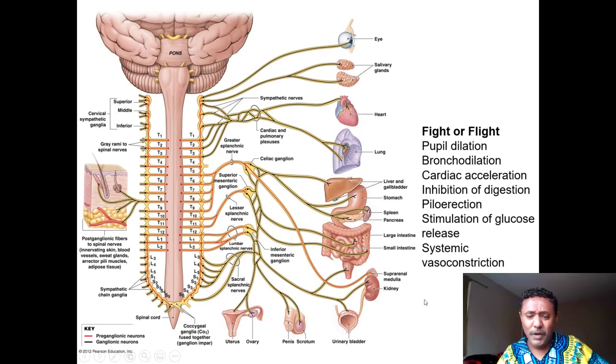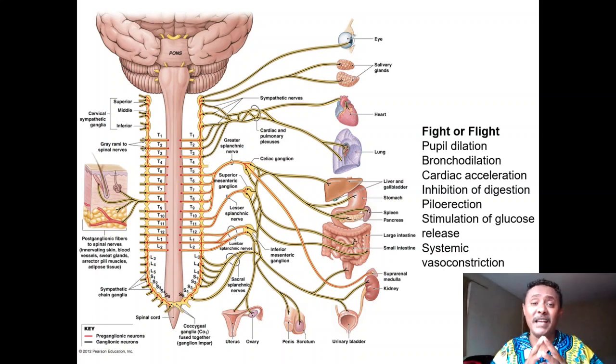Now, what will happen to my suprarenal medulla? My suprarenal medulla is going to receive this sympathetic input, and then it will release hormones in the circulation. It will release epinephrine and norepinephrine, or adrenaline and noradrenaline, in the circulation, and that will make a mass effect of sympathetic effect.